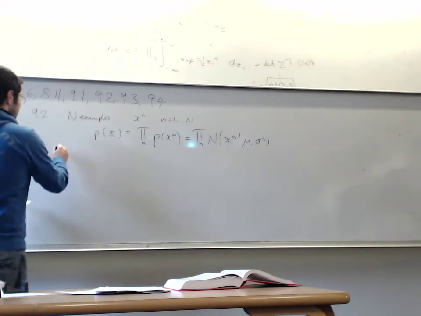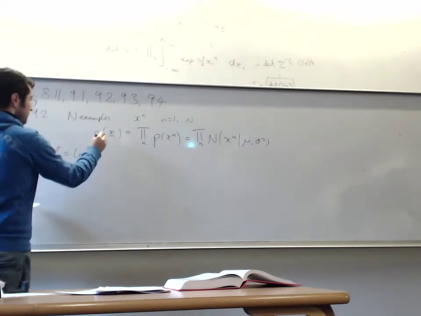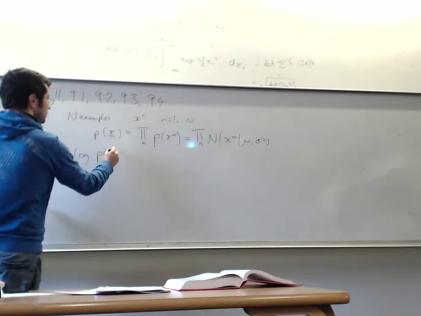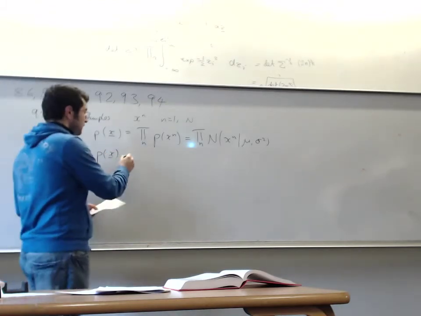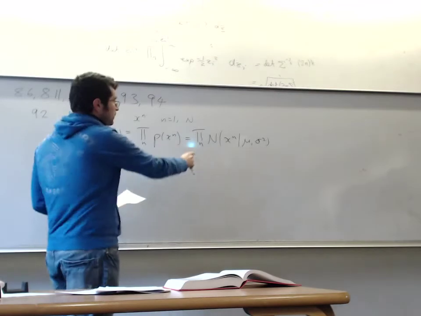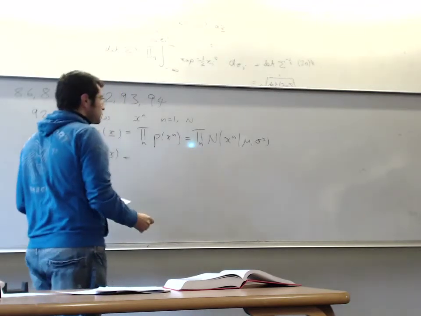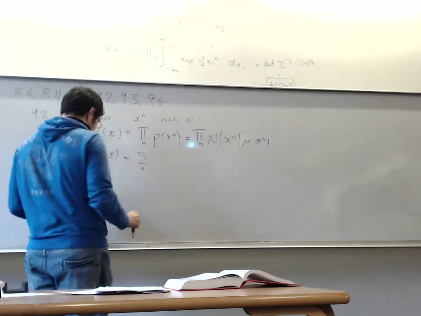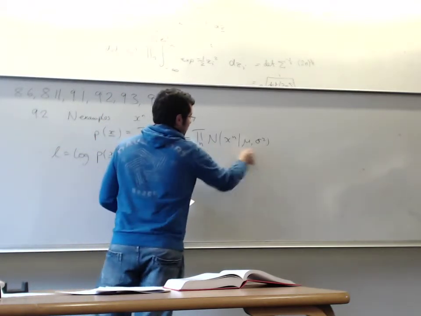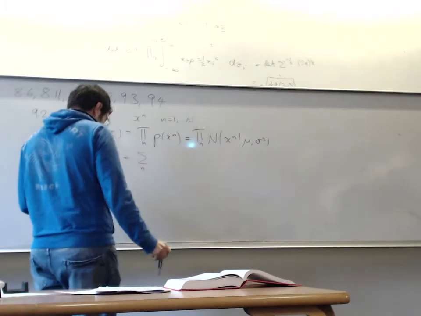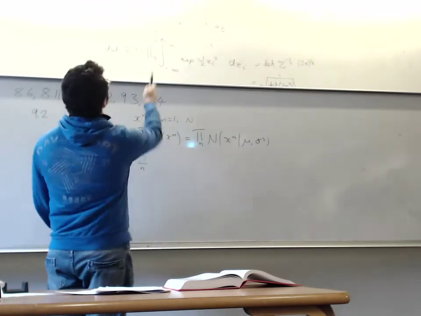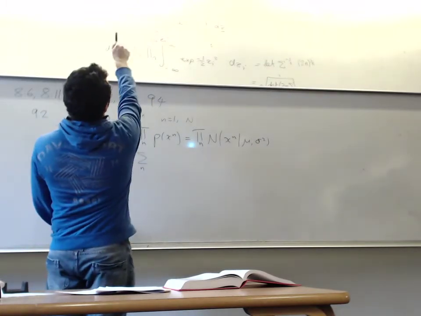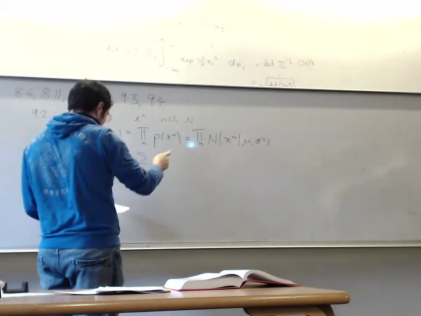So I'm going to take L to be log of this thing, which looks like this. Instead of the product, I've now got a sum. It's just the law of logs. So I've got a sum over n, and I'm going to take the log of this Gaussian function. I'm going to get rid of the exp because I'm taking the log.